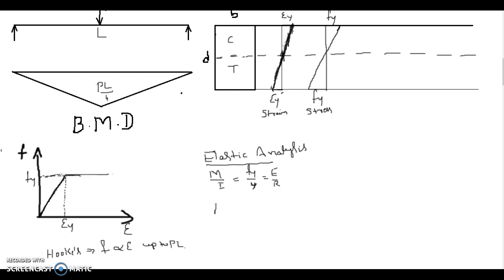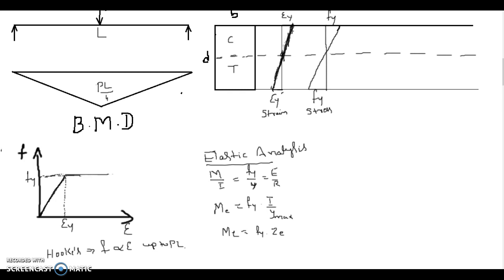I want to calculate my elastic section capacity, so it comes to Fy into I by Y. This is Fy, the stress at any particular fiber at a distance y from the neutral axis. Here y is going to be y maximum. So this is what we call the elastic section modulus.